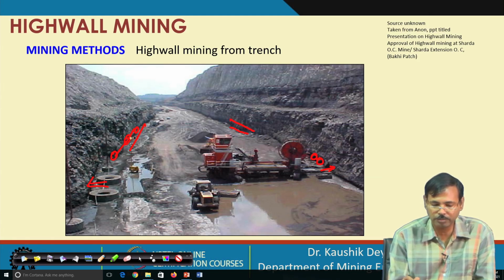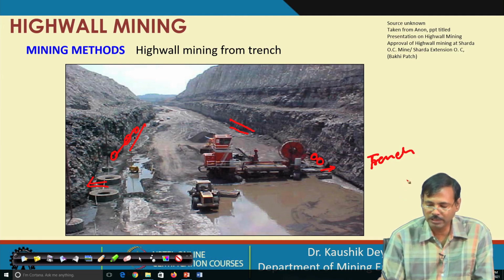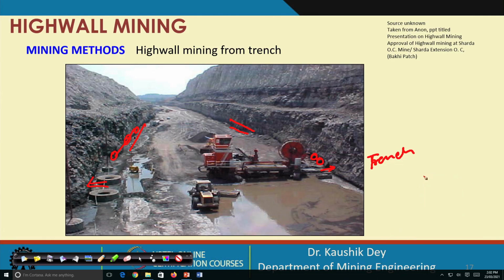So, one trench is made and from the trench both side mining is carried out up to a significant depth, a significant length, without excavating this one. So, this is called trench mining, where the mine is accessed through the trench and from the trench high wall mining is carried out.